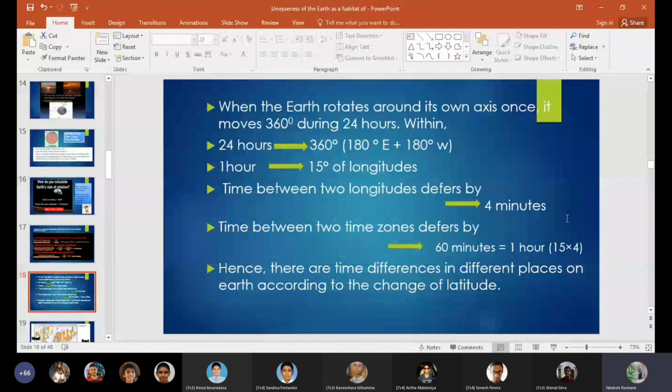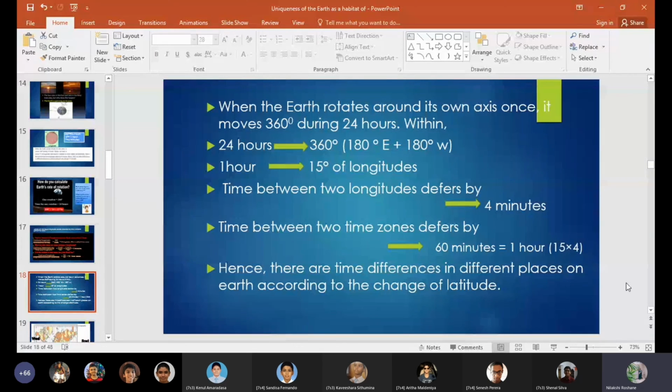And the time between two time zones differs by 1 hour. To find it, we multiply 15 by 4. The 4 minutes is the time difference between two longitudes, and the 15 longitudes is what travels within 1 hour.